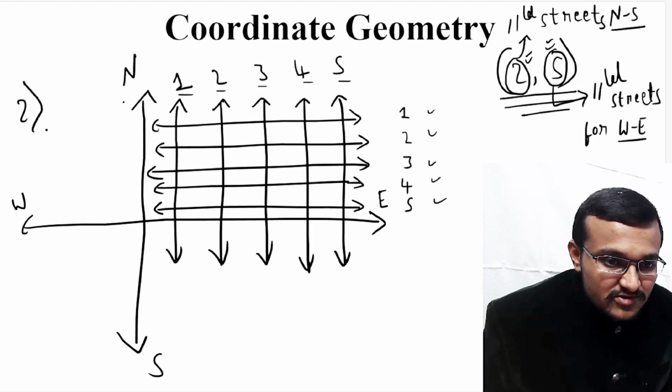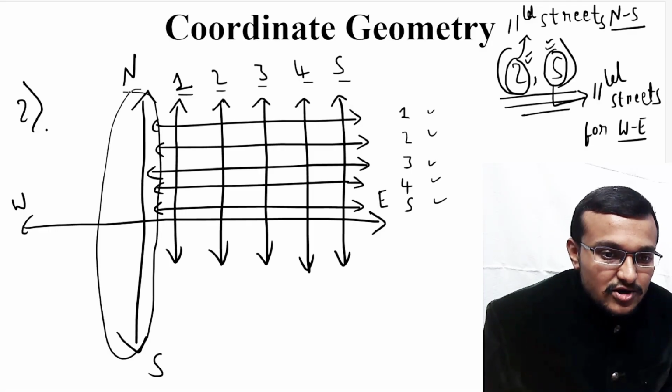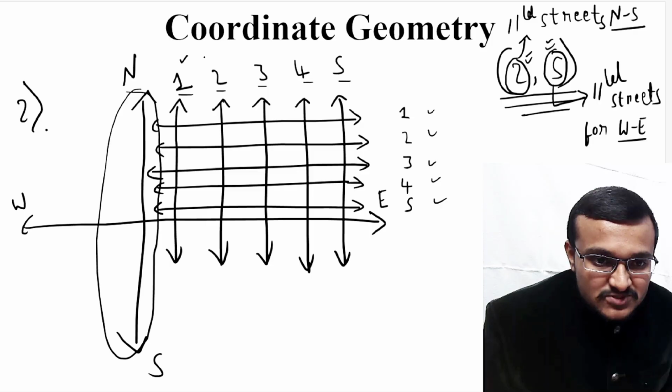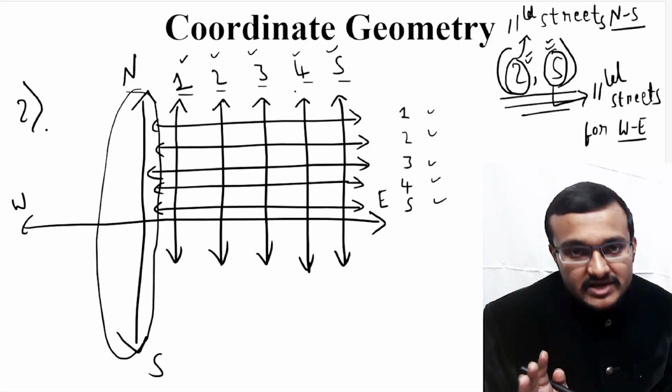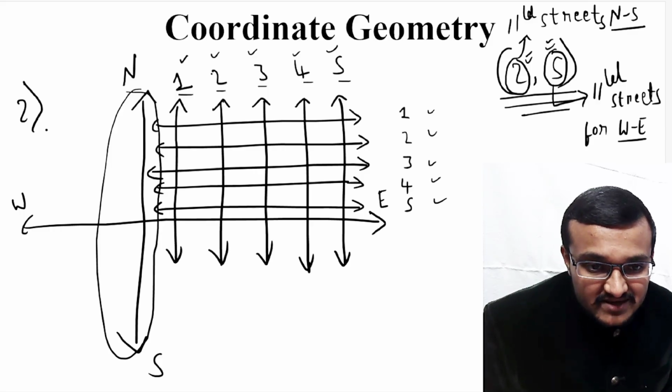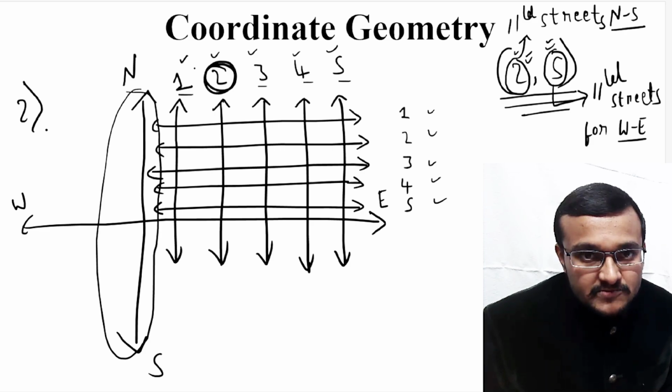So which is the north south main road? Here this particular street is the north south main road, and this 1 2 3 4 5 is parallel to it. So 2 means this particular street you have to mark down.